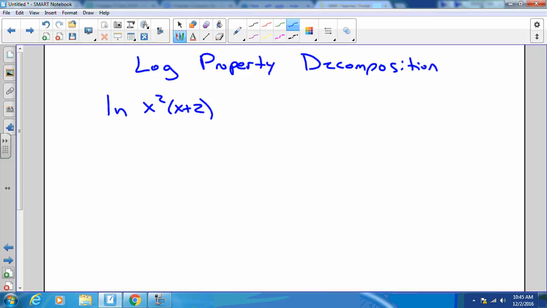So this is a prime candidate for decomposing using the log properties. I'm going to look at this and identify x squared as a and x plus 2 as b. And I'm going to use my first property, the product property, to break it down as natural log of x squared plus natural log of x plus 2.